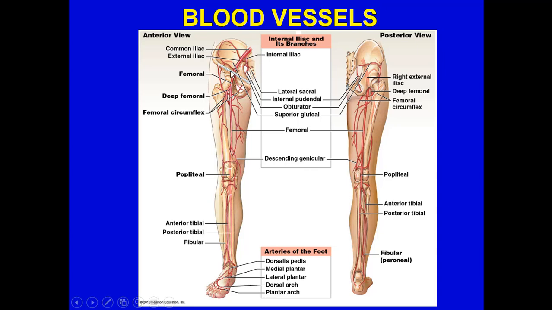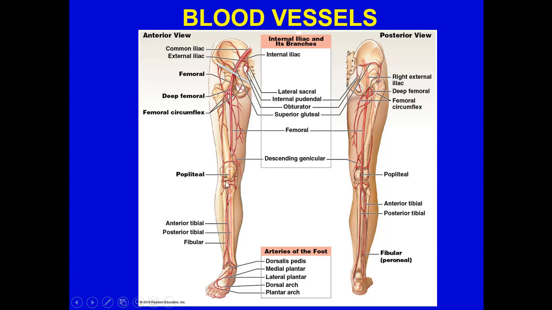Handling all the pressure and all the blood supply now going through the pelvic region, starting with the common iliac, the external iliac, the internal iliac, down the femoral, deep femoral is a branch, femoral circumflex.